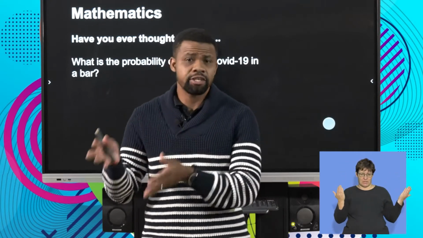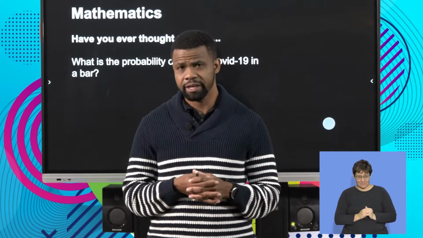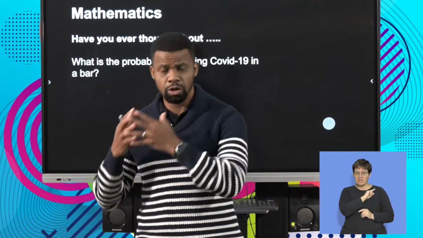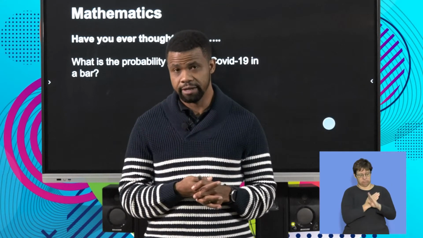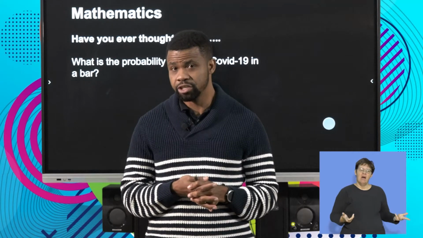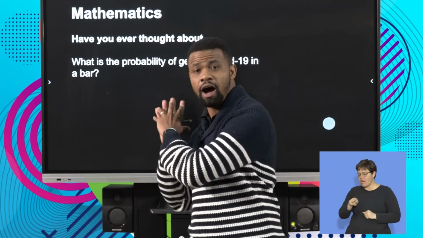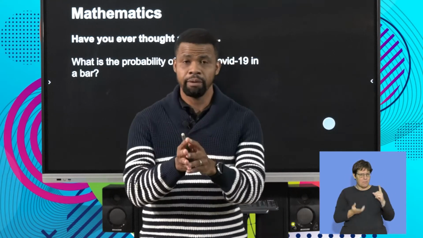And the data does show that there's a higher chance of getting COVID-19 if you go to a bar. Are we together? Hence, they actually put lots and lots of restrictions on that. But I'd like you to research and check what is actually the chance of getting that, and compare it probably to school, okay?